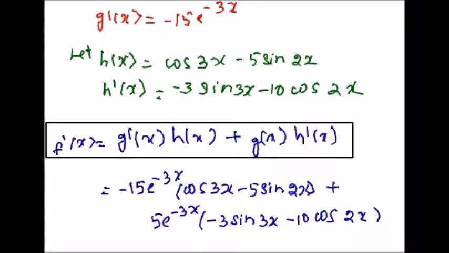So please be clear while identifying which one is g and which one is h, and then apply whatever rule is needed for that problem to find the derivative of g and h, the simpler functions, and then plug in whatever you got in the product rule formula. The concept is very simple.